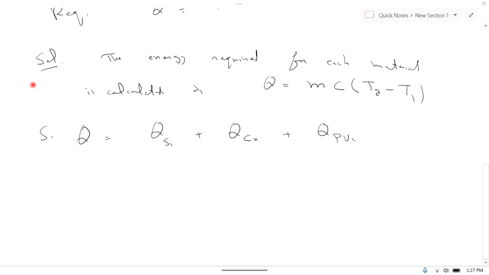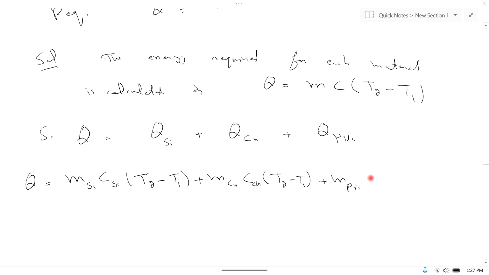So Q is equal to mass of silicon multiplied by heat capacity of silicon into T2 minus T1, plus Q of copper, mass of copper multiplied by heat capacity of copper into T2 minus T1, plus heat of PVC, mass of PVC multiplied by heat capacity of PVC into T2 minus T1.